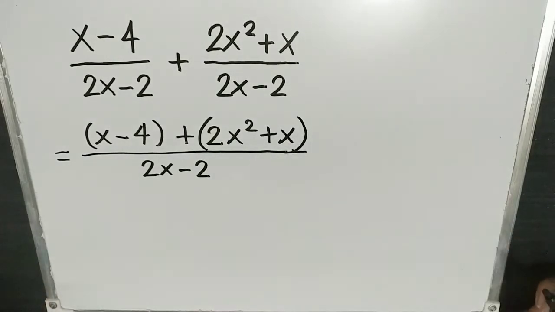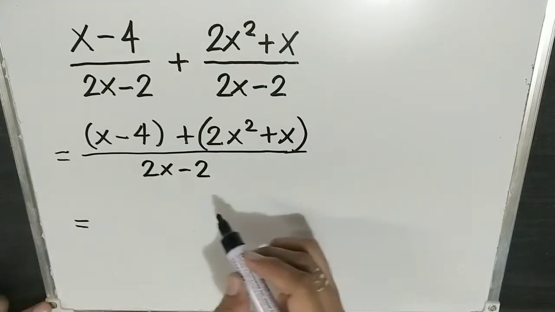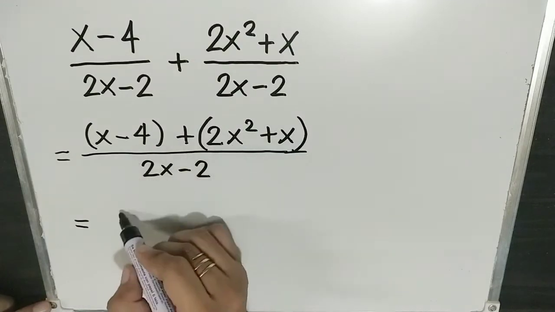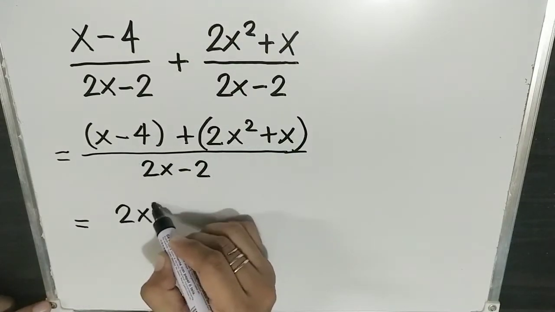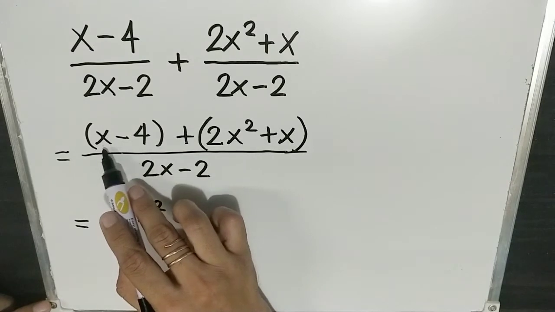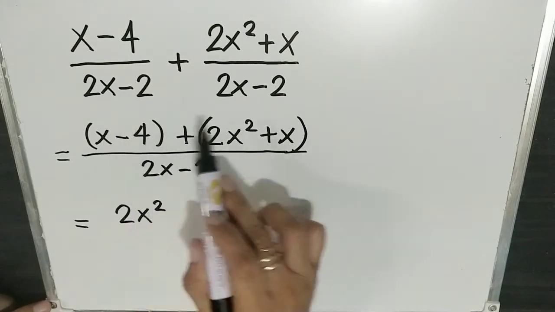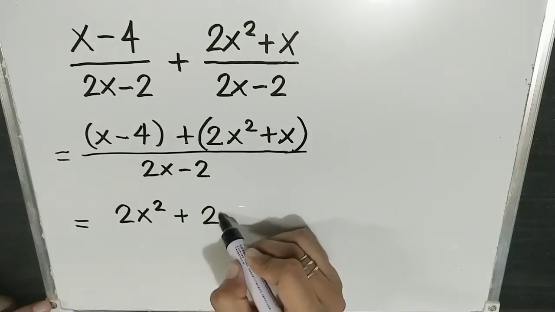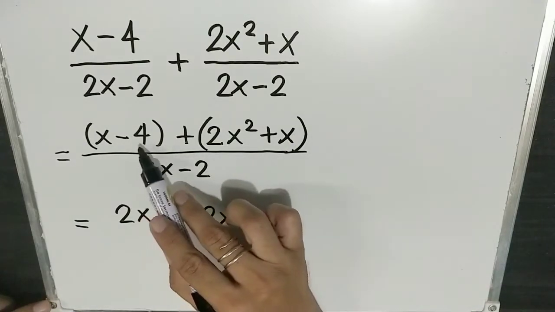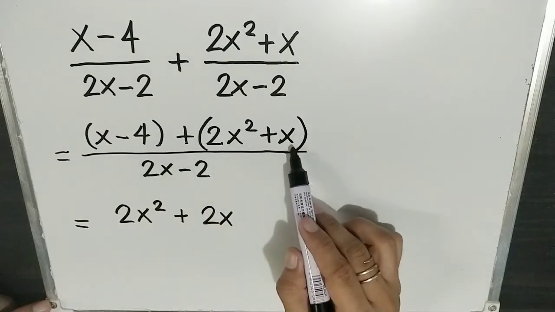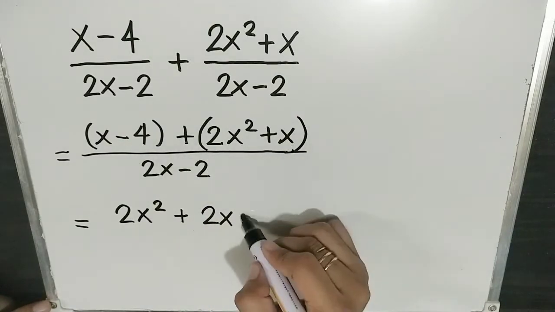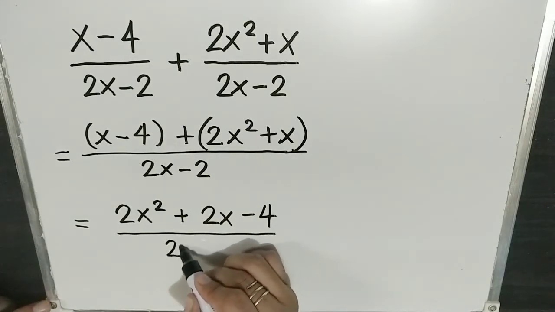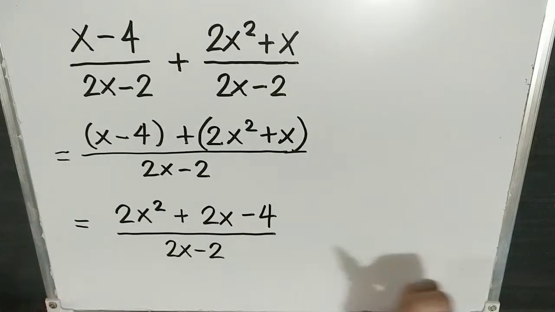All right, then we have to combine like terms. 2x squared has no pair, so we just copy 2x squared. Then we have x variable, x plus x is 2x. Then negative 4 plus no constant in the second expression, so just copy negative 4. Okay, then just copy the common denominator, 2x minus 2.